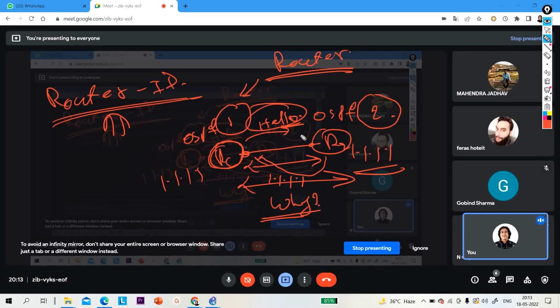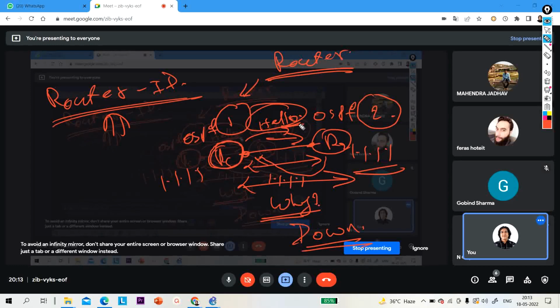When R2 receives a hello message on this interface and finds the same router ID, it will not accept this hello message. So neighborship will be stuck in down state. Guys, R2 is receiving, but R2 is not accepting, right?